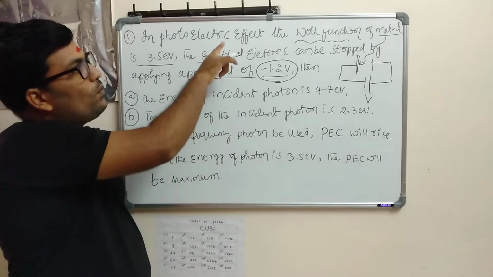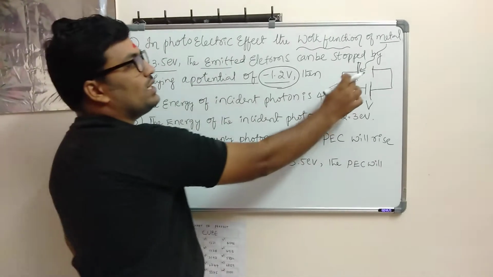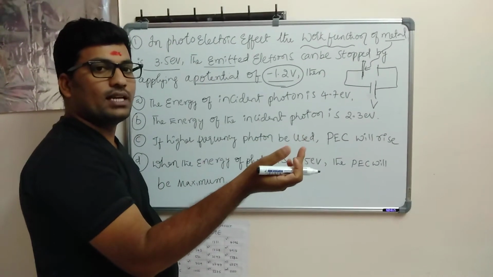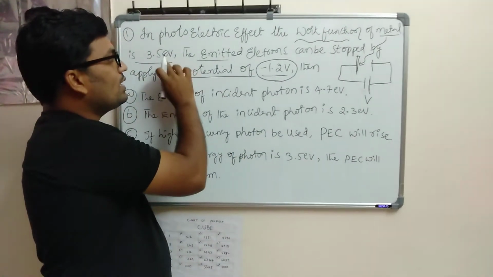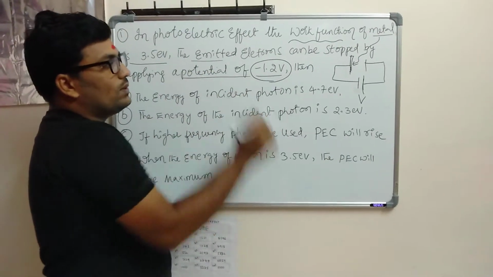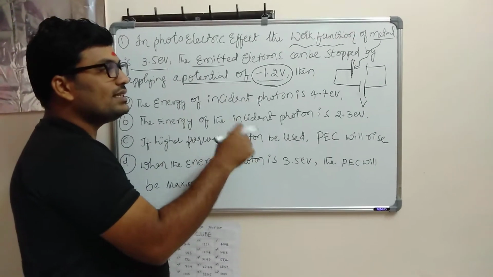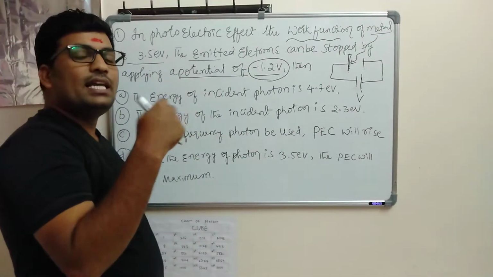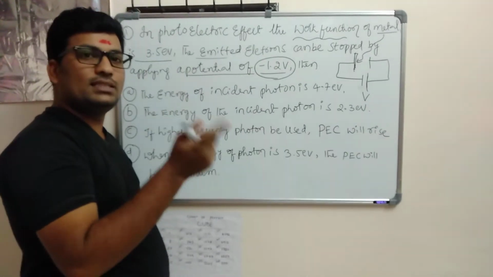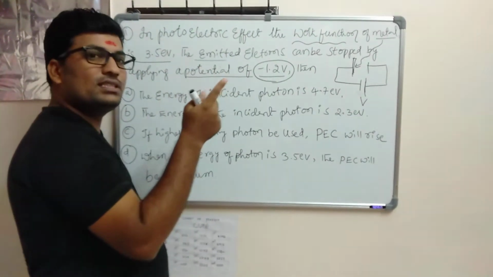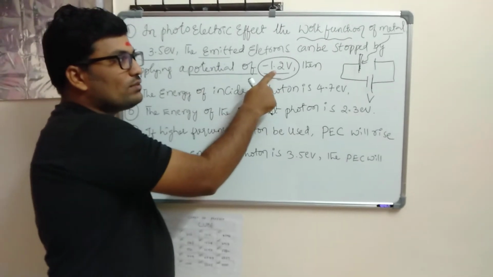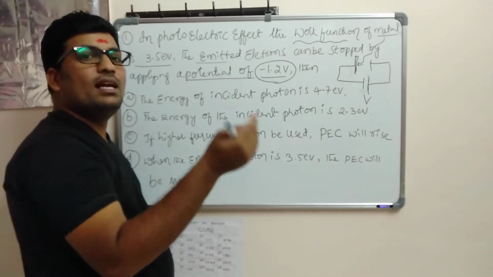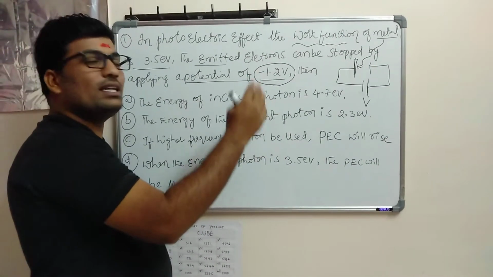What I want to see here is that electrons are liberated only if we give above 3.5 energy. When we reduce the voltage here, the energy is reduced. Initially, before giving this voltage, how much energy have we given? We reduced it by 1.2 volt, so if we add this to that, automatically above that energy only we have given, then only the electron was released.